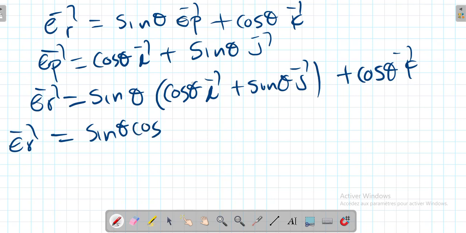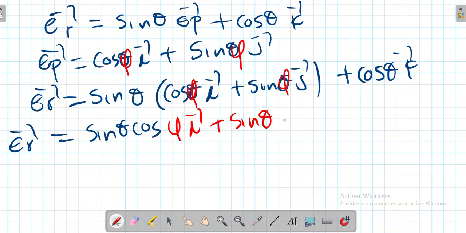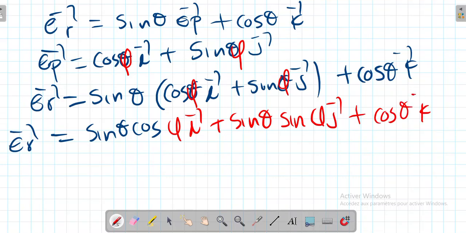This is cos phi, I made a mistake. E rho is always associated with phi, so don't make this mistake. So cos phi E, then plus sine theta sine phi G, then plus cos theta k. So this is how you find your ER.